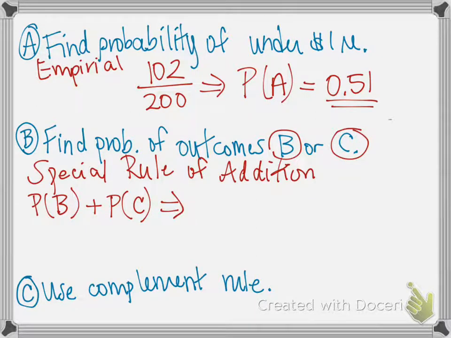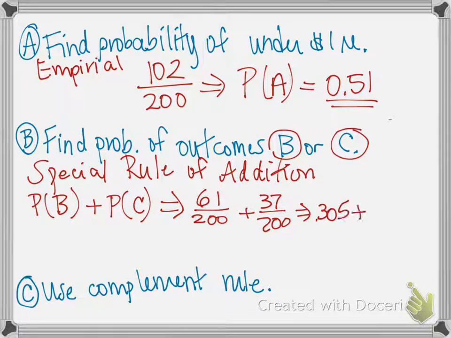And so we had 61 that could have the favorable outcome B out of the total 200, and we're going to again add to this then the 37 of 200 for outcome C. And so doing our math, we get 0.305 plus 0.185, or we get a probability here of 0.49.